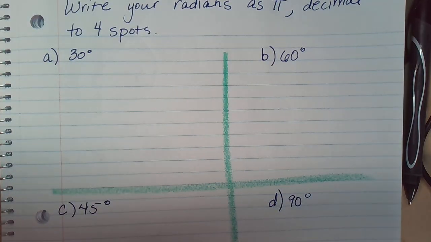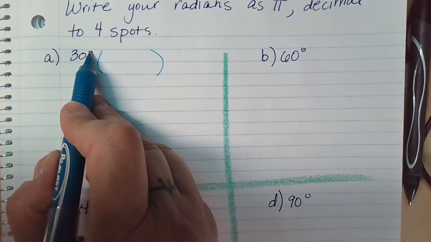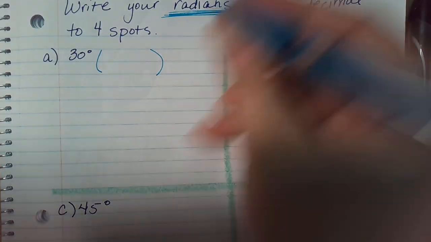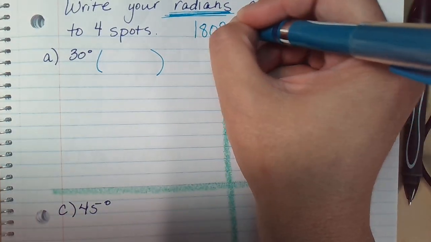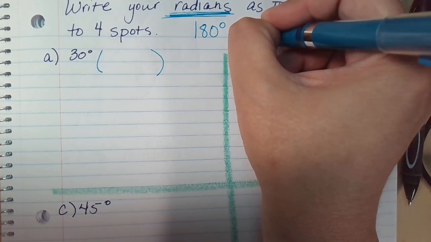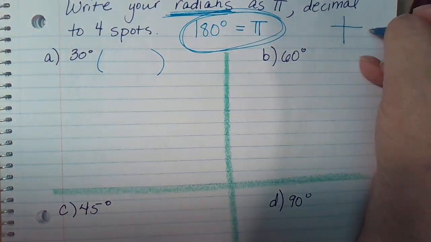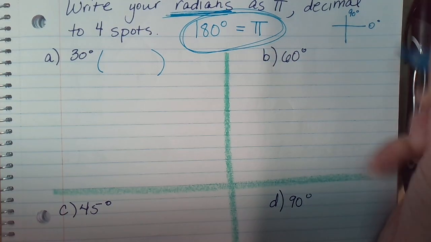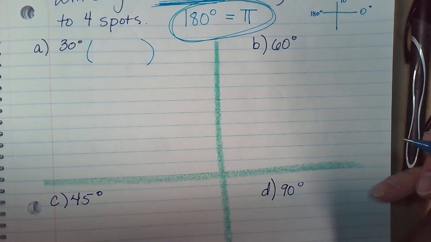Anyway, so to convert, we want this degrees, this little circle, to go to radians. Well, the information that we're going to use is 180 degrees is equal to pi. And we know that because 0 is the positive x-axis, 90 is the tip top, 180 is the very bottom.